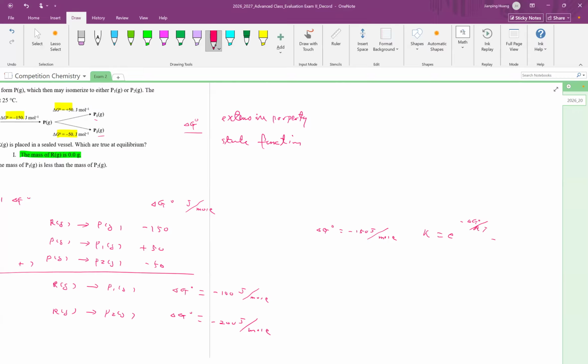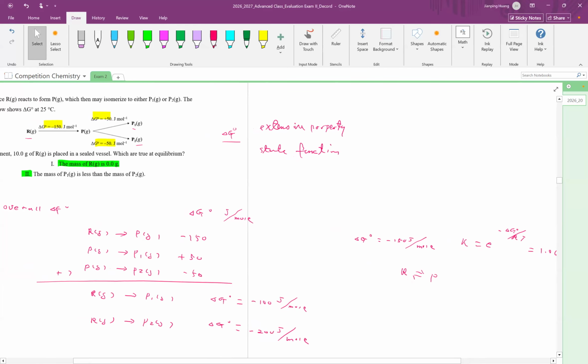You do the math, you get 1.06. So a little bit greater than 1. So that R and the P are at equilibrium. So this one is wrong. This one is wrong. Did you see? Right? That one is wrong, right?